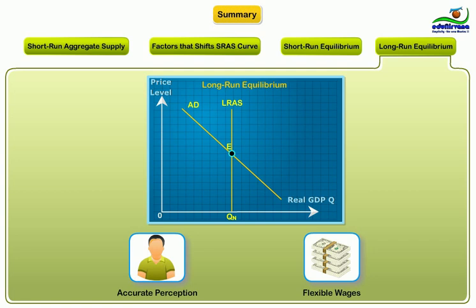Owing to the above, the long-run aggregate supply LRAS curve is a vertical line in the exhibit. The level of real GDP that the economy produces in long-run equilibrium is natural real GDP, QN.